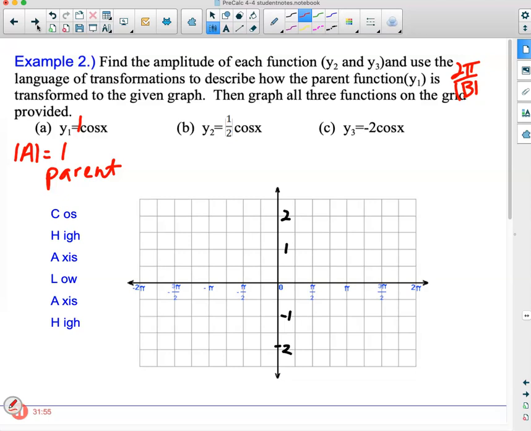All right, so back to color coordinating, and I see cosine, and I think, okay, cosine. Cosine starts at 1. 0, 1. And cosine is the high, axis, low, axis, high pattern. Again, think about speaking it with Hawaiian. So cosine is high, axis, low, axis, high. Follow that same pattern going backwards into your negative x's.